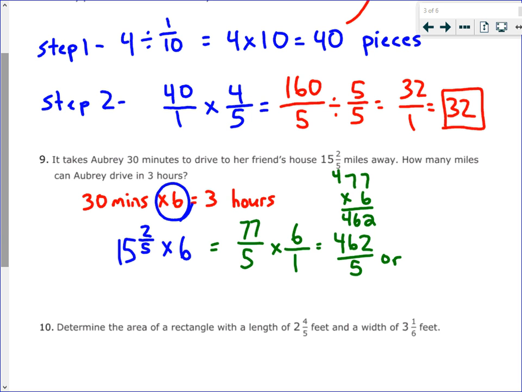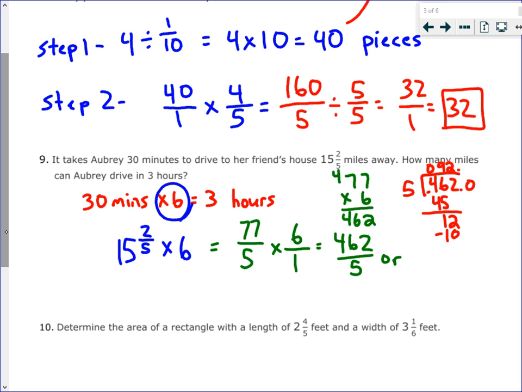Or we can divide that out and figure out how many whole that would be. So 462 divided by 5. So we get 9, 45, and 12, 2. And 2/5.